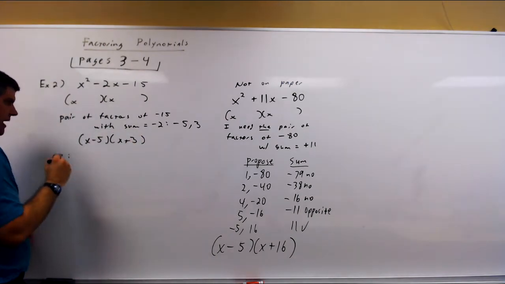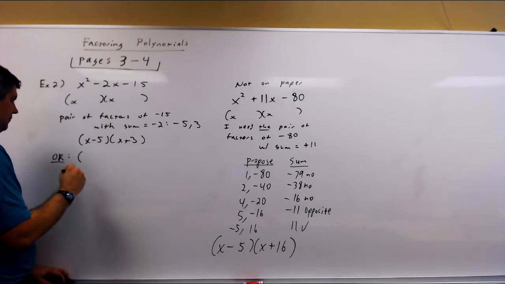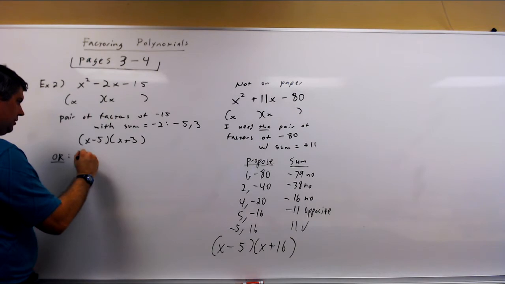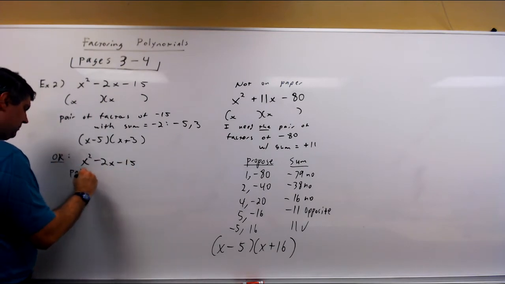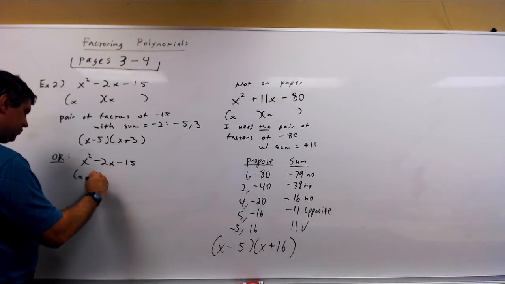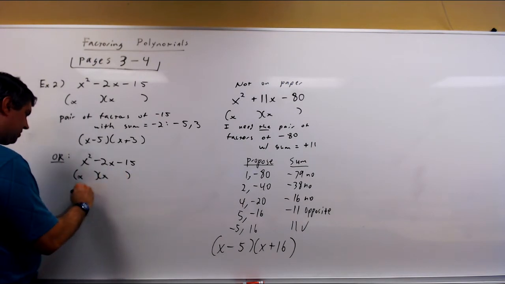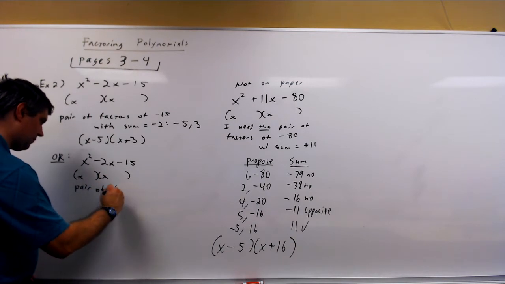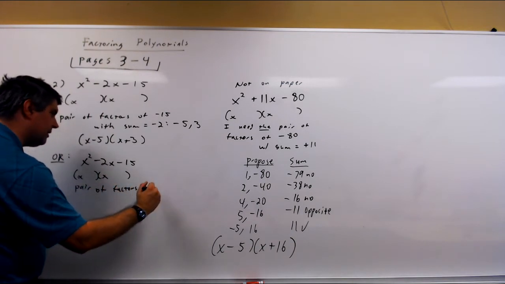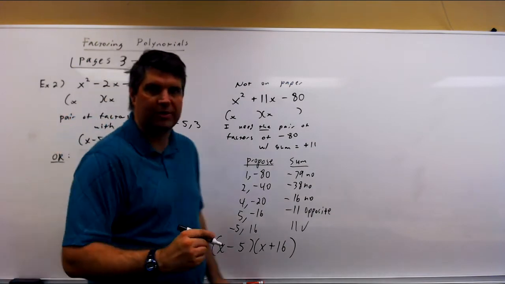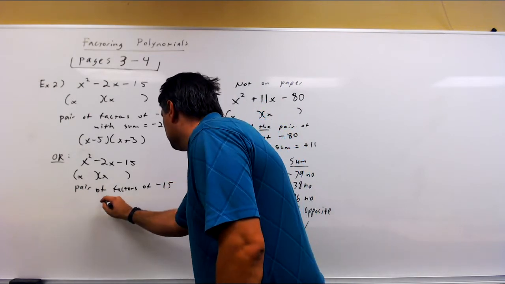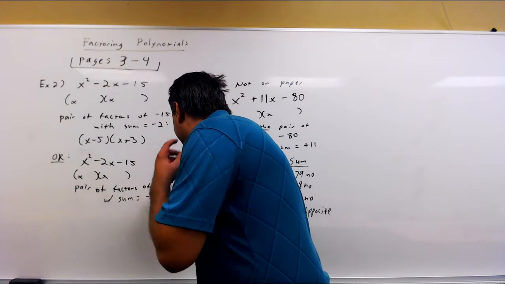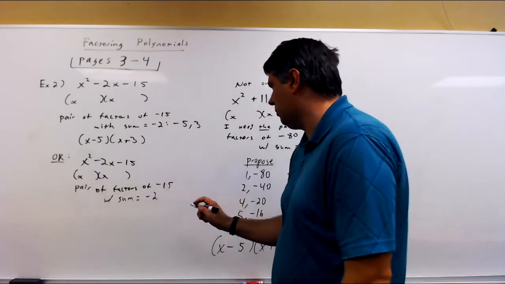Or, if you can't see it right away, you could do x squared minus 2x minus 15. So we'll start with x and x. Pair of factors of negative 15 with a sum of negative 2. All right, I'm going to pretend that I don't know.